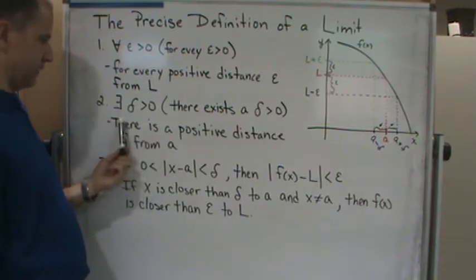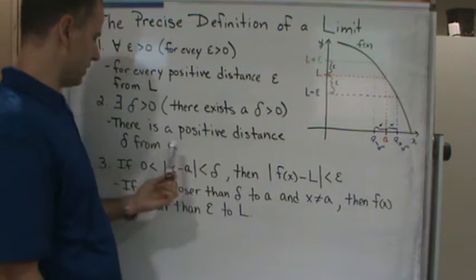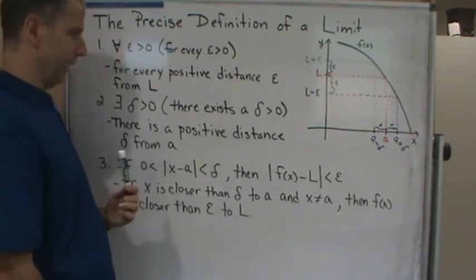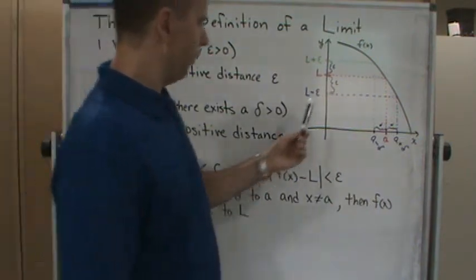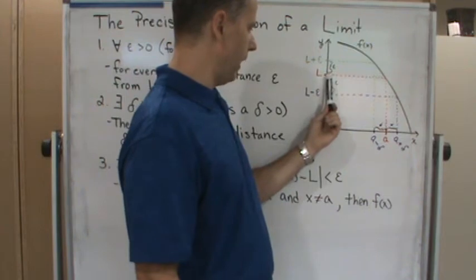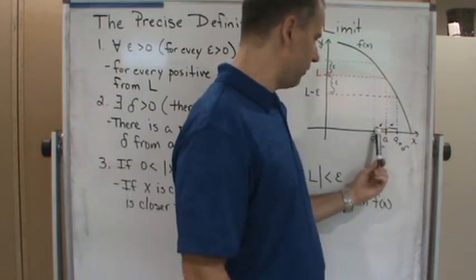That means there is a positive distance of delta from A. So for any distance I choose from L, there exists a positive distance from A.